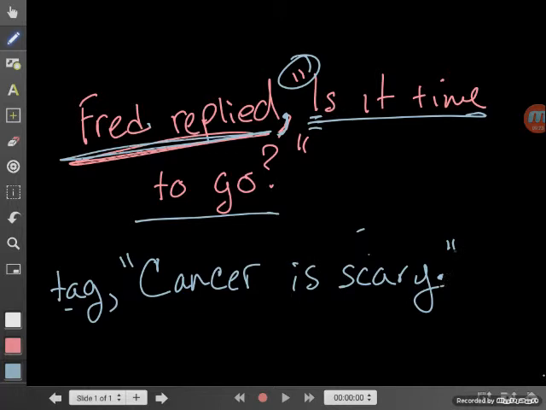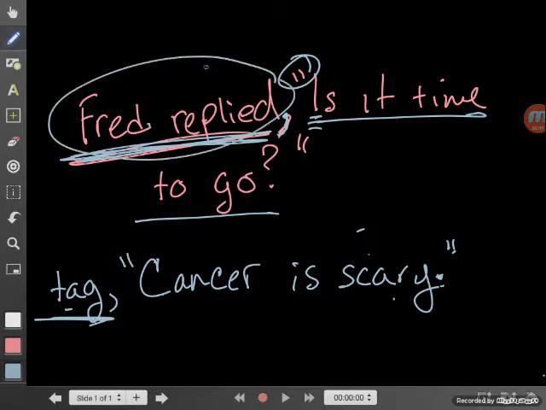You'd still put the period, then close, because the tag was at the start. Okay, so like here, Fred replied, "Cancer is scary." Period, close quotation marks. We want to make sure you understand that if the tag is at the beginning, then the rule is a little bit different. Please make sure you understand that, and maybe even, no, not maybe, please add this to your notes.